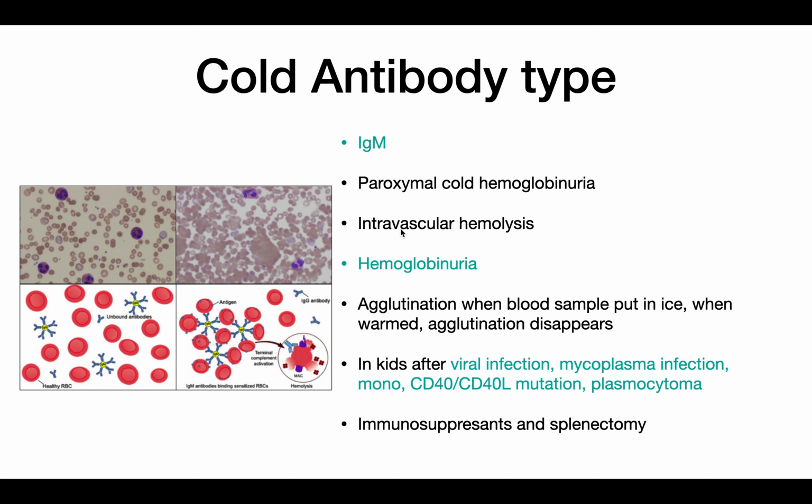It's going to be due to intravascular hemolysis instead of extravascular hemolysis. And it occurs more in children, especially after a viral infection or a mycoplasma infection, mononucleosis infection, CD40 ligand mutation, or plasmacytoma. You treat the patients with immunosuppressants and splenectomy.